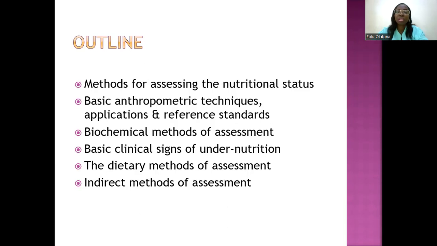And then when you think about dietary assessment, then you begin to think of whatever that woman is taking and in view of what she's supposed to be taking. So it's the same method that cuts across, but the interpretation, the application may be peculiar to whoever you are assessing.